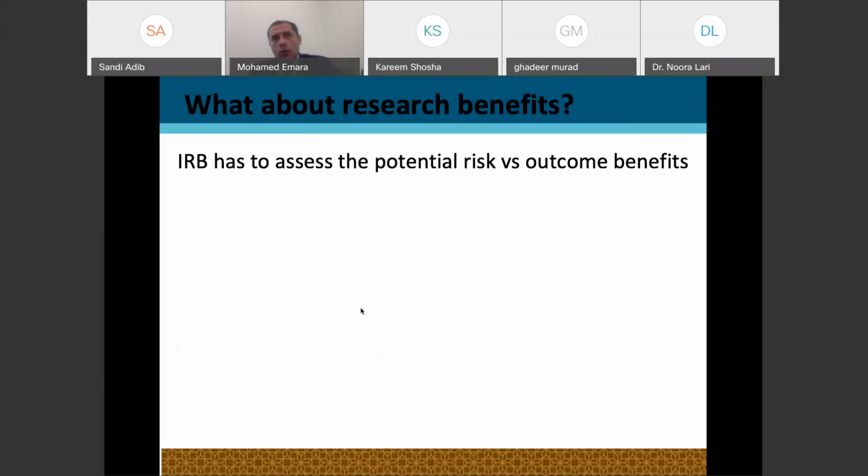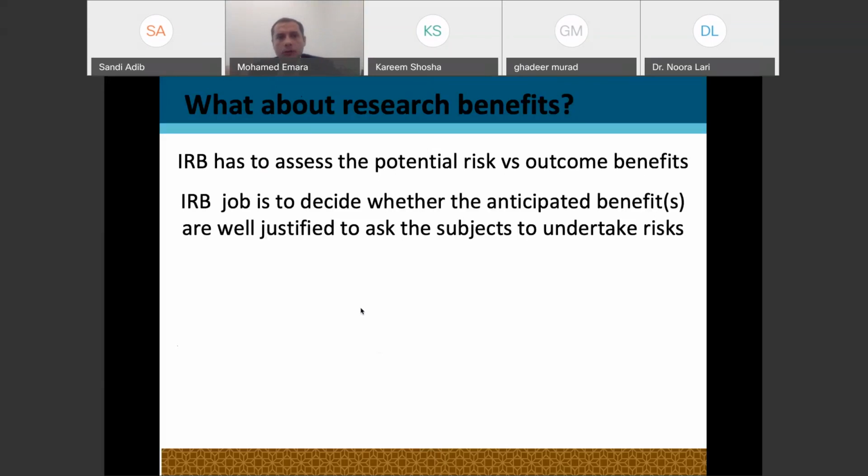As an IRB member, when I wear the IRB hat, I have to assess the potential risk versus the benefits that are going to come out of the research study. How much risk will these human subjects be subjected to, and how much benefit will they gain? This is the job of the IRB, to decide whether the anticipated benefits from a research study are well justified.